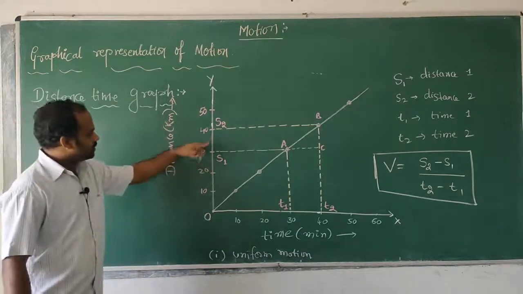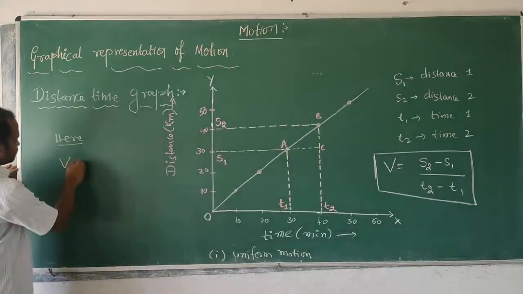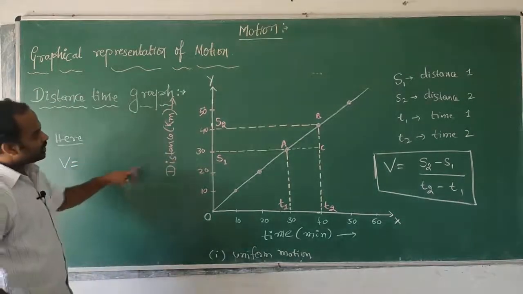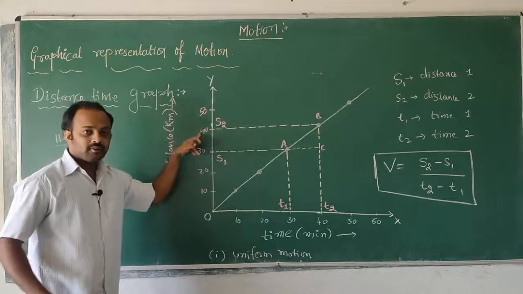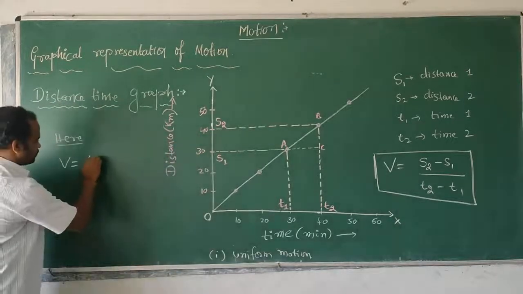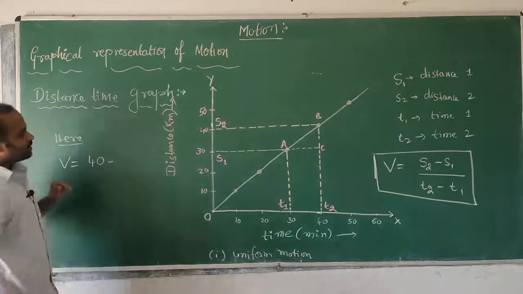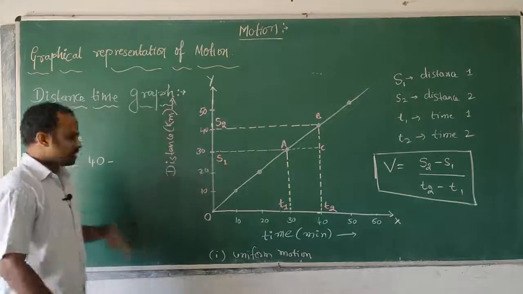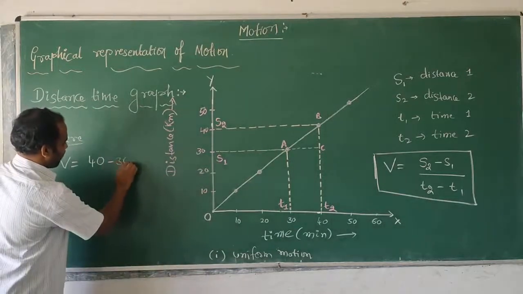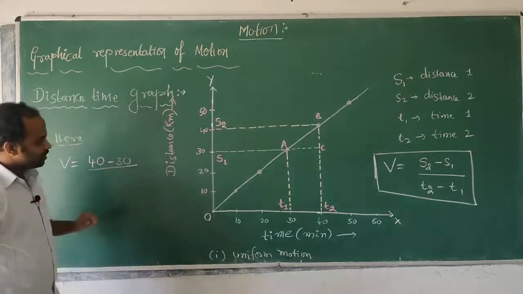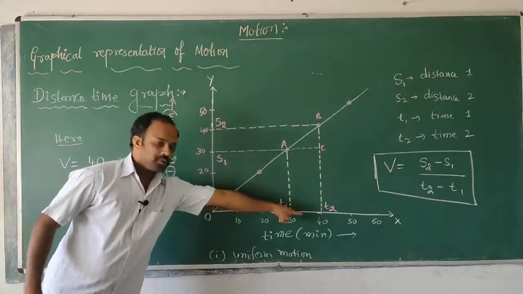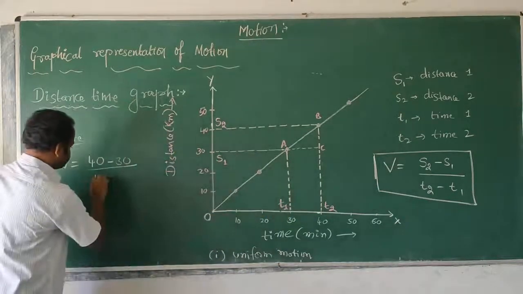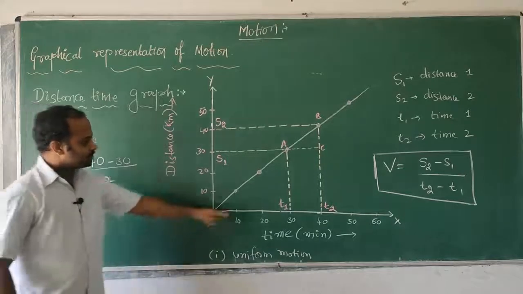Here what is it? V is equal to S2. What is S2 here? S2 is 40 minus what is S1? S1 is 30, whole divided by what is here T2? T2 is 40 minus what is T1?